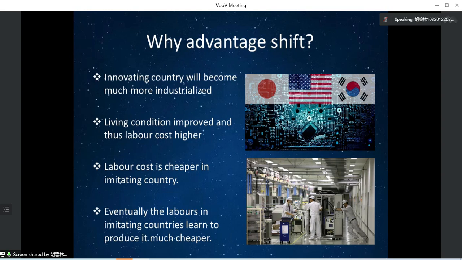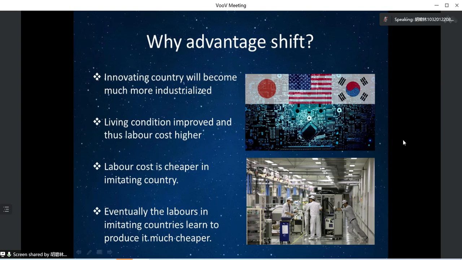This is where Japan started to imitate and learn these technologies and productions from the US. Later on, they created their own brands, like Honda and Toyota cars and all those things. This is where Japan started to get the advantage, and then they became industrialized.